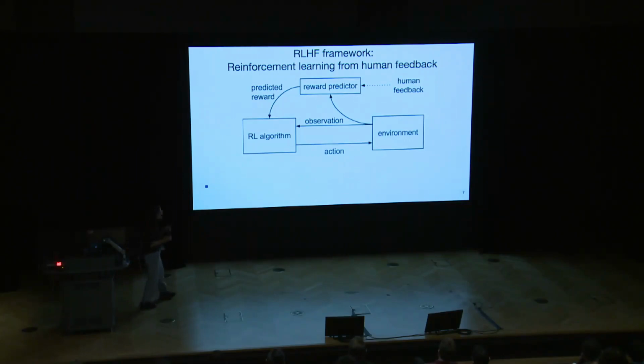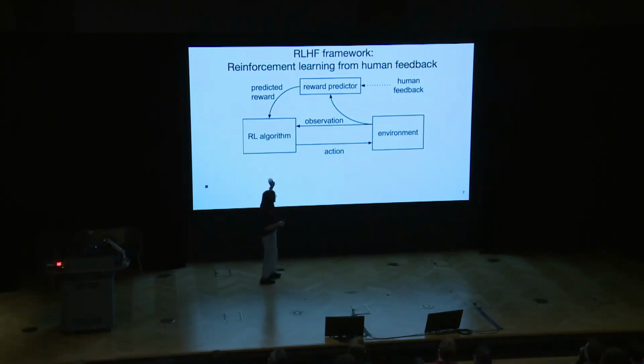So the previous slide showed the typical framework for reinforcement learning. And this framework is reinforcement learning from human feedback. This is about how to learn from humans to play the games. If we look at this framework, the only difference is that the environment no longer generates reward signals for our algorithm.